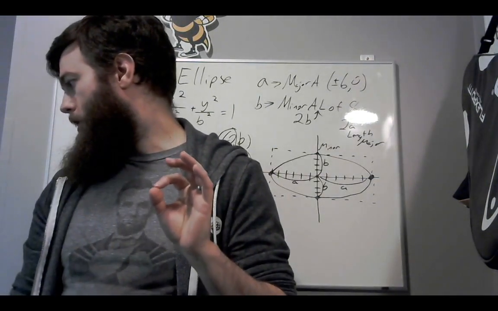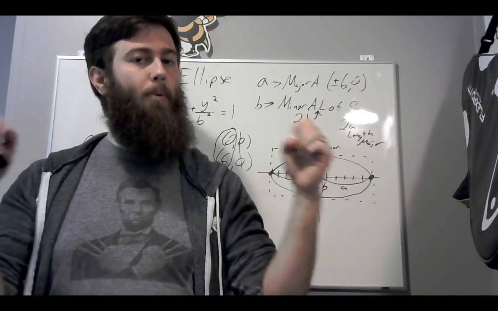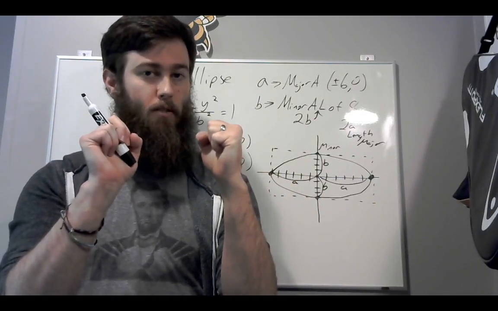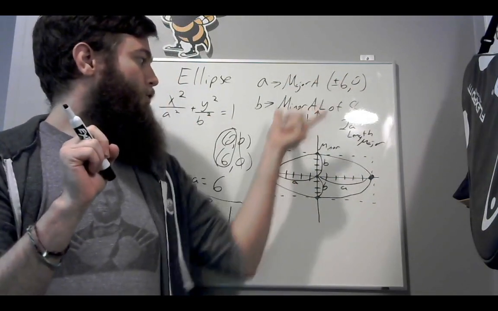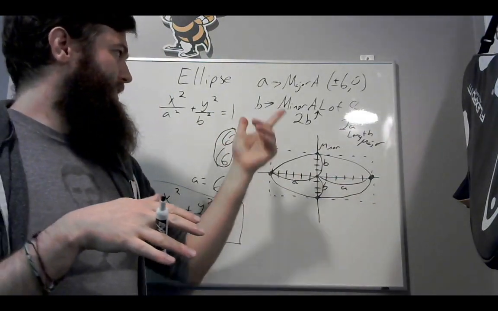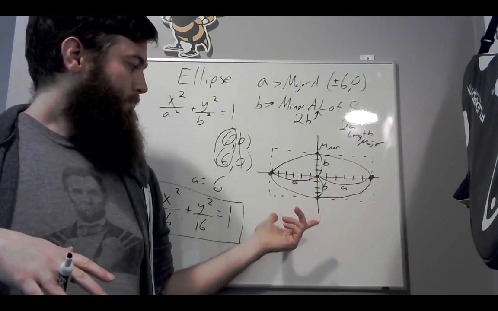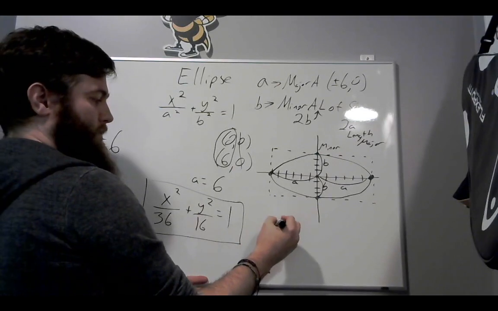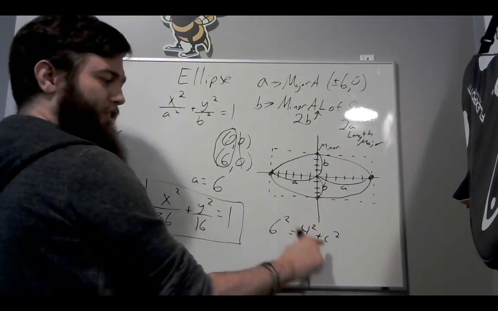So, Shauna, we were given major endpoints. We weren't given focus, and c is only dealing with focus points. Since we weren't told anything about our focus length here, we don't know any of those values. You can solve for c if you really wanted to using a and b and the formula. So you could have said, hey, a was 6, so this would have been 6 squared equals 4 squared plus c squared, and you can solve for c.